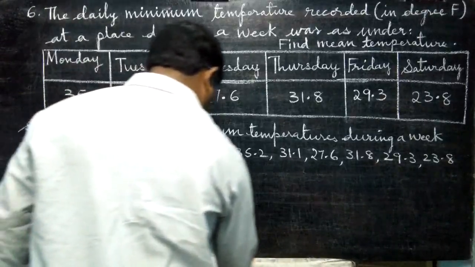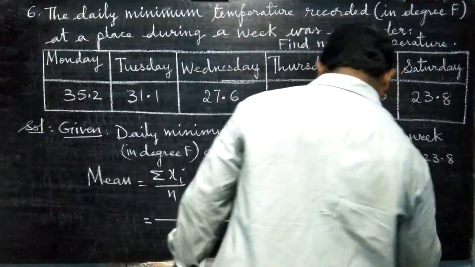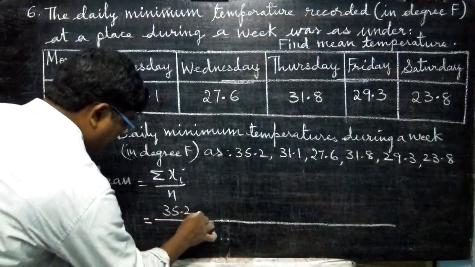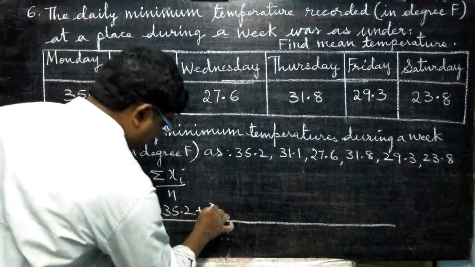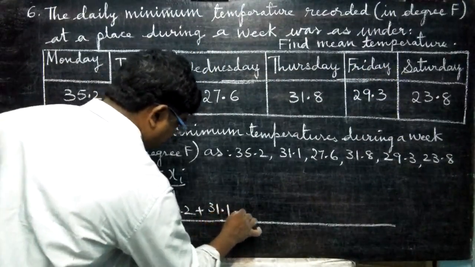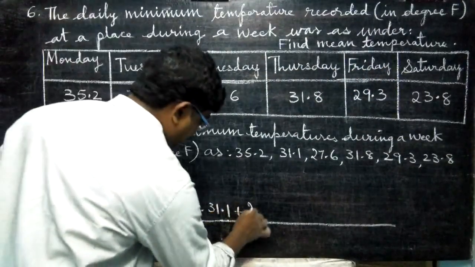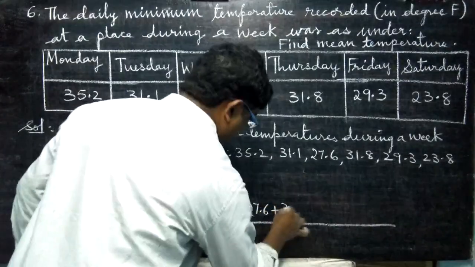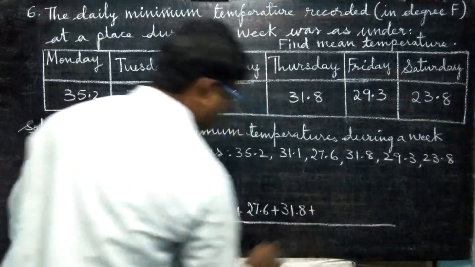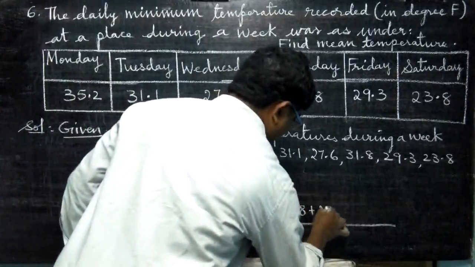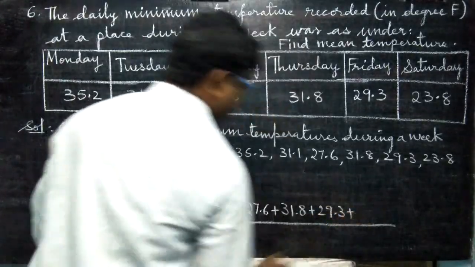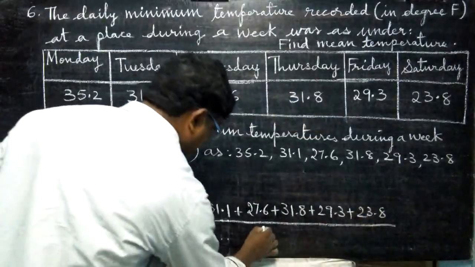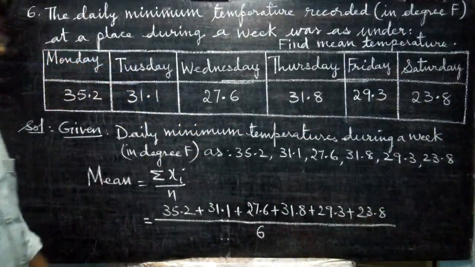now add 35.2 plus 31.1 plus 27.6 plus 31.8 plus 29.3 plus 23.8 by 6.